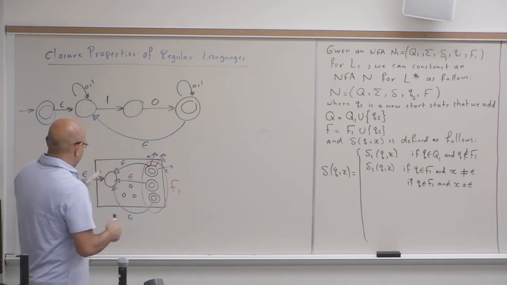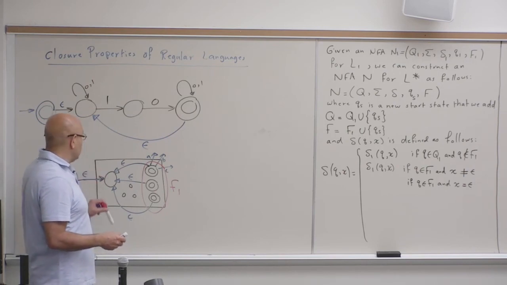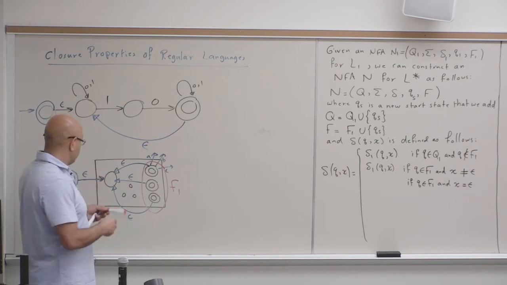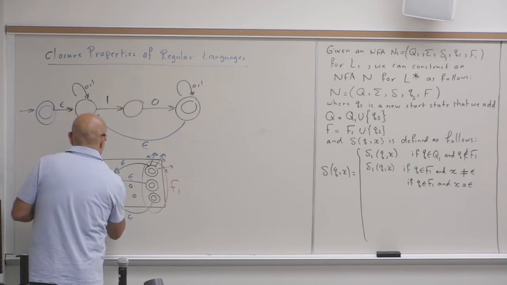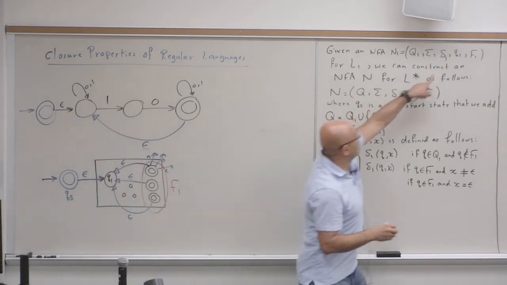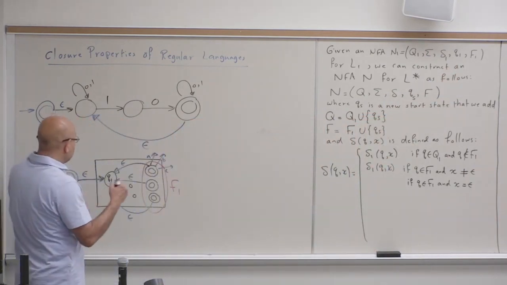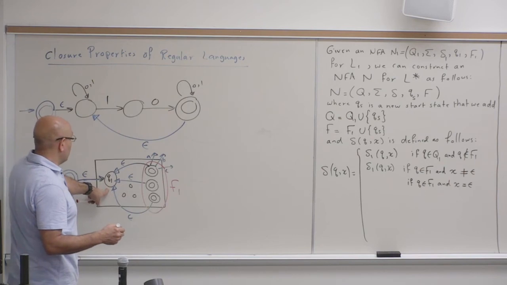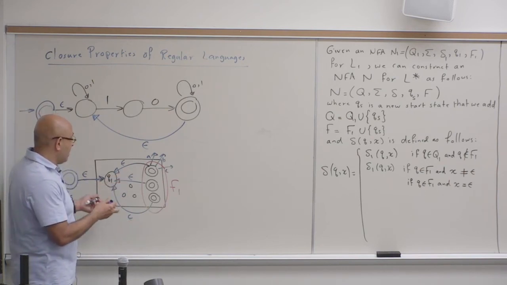So if x equals epsilon, what should the transition be? Where are we going? This is Q1, yeah, we called it Q1. And this is the QS. So if there is epsilon, we added transitions to Q1, but we did not touch any original transitions that may have existed before.